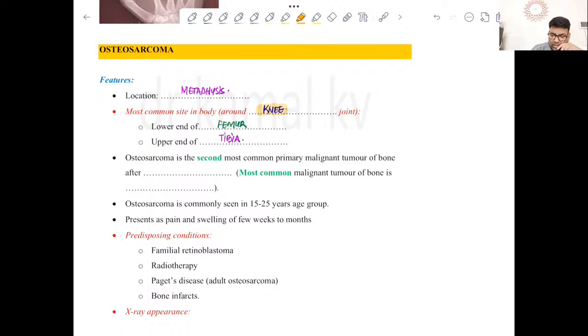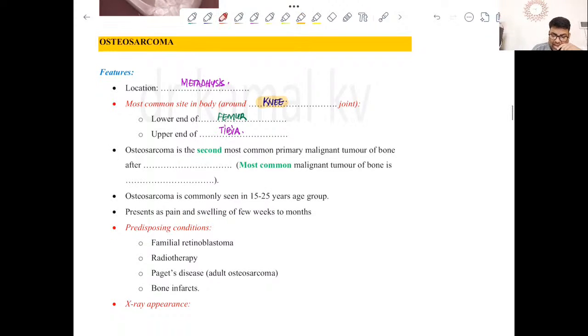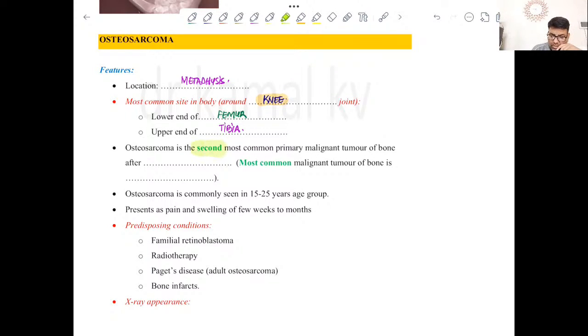It is the second most common primary malignant tumor of the bone, after multiple myeloma. Multiple myeloma is the most common primary malignant bony tumor, and osteosarcoma is the second most common.